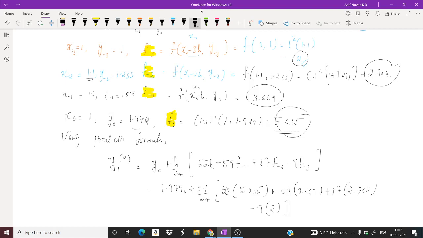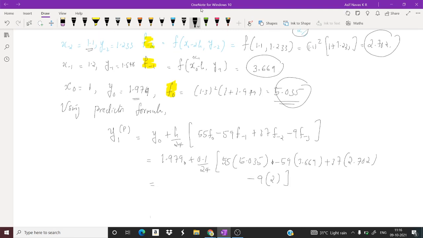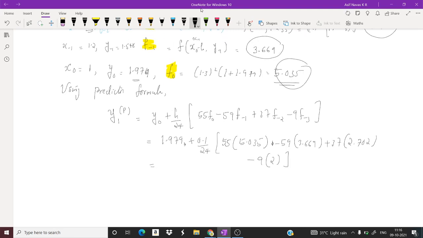If we calculate this using a calculator, we get y1 by the predictor formula as 7.004.